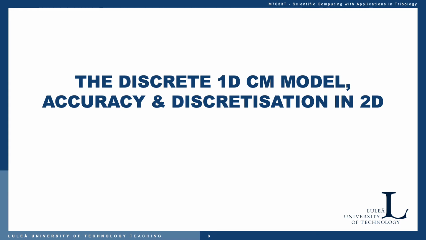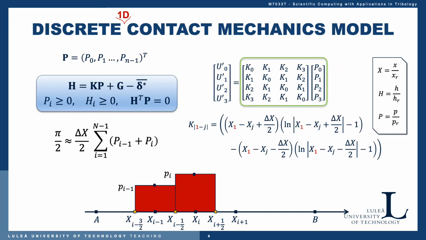It is time to sum up, so we will have a look at the full discretized 1D contact mechanics model, and then a little bit about accuracy and how to discretize in 2D. So what we have until now is a discrete representation of our complementarity problem, and it's looking like this.